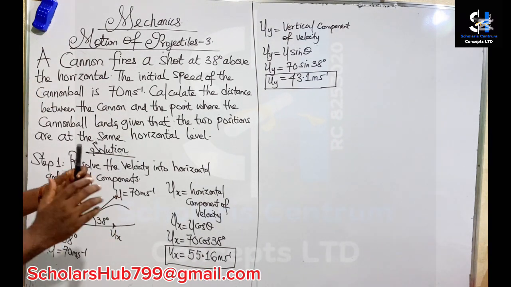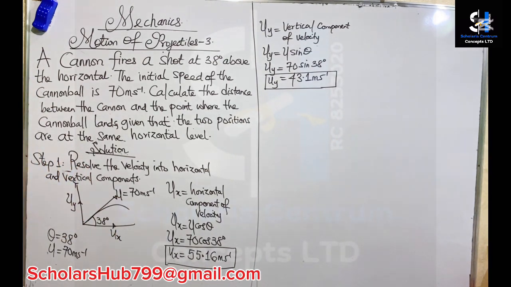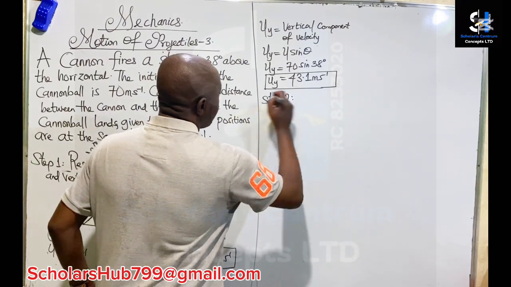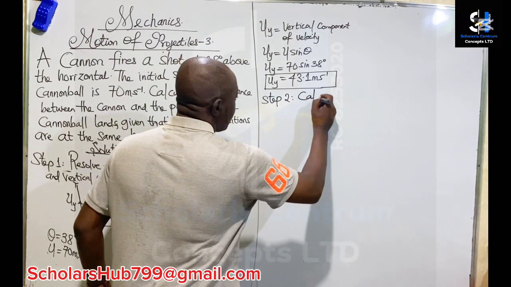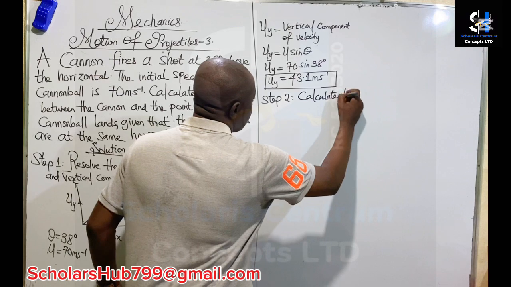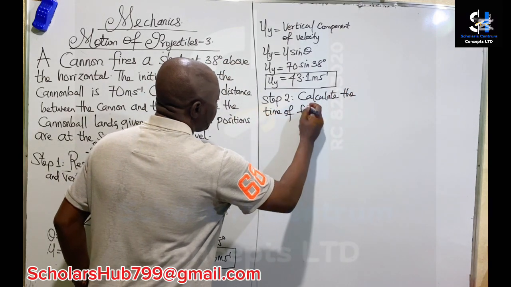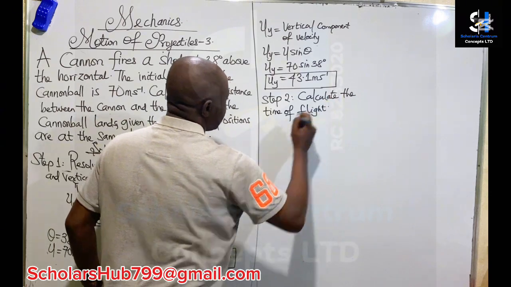So to calculate the time of flight, we need to consider the vertical motion. So step two is for us to calculate the time of flight.